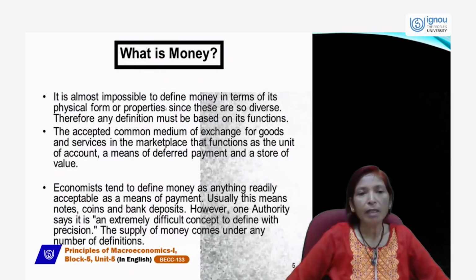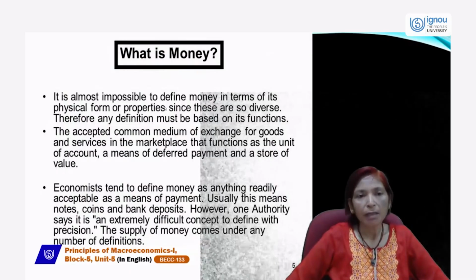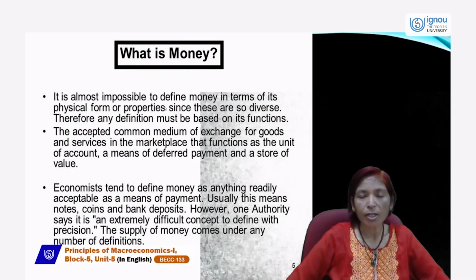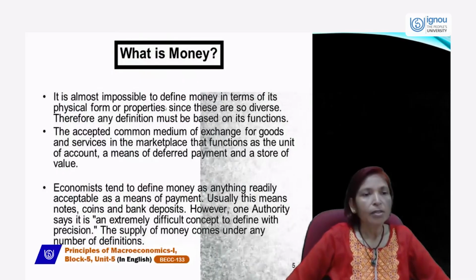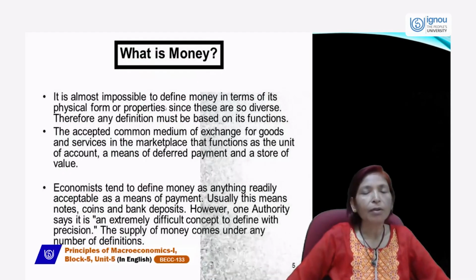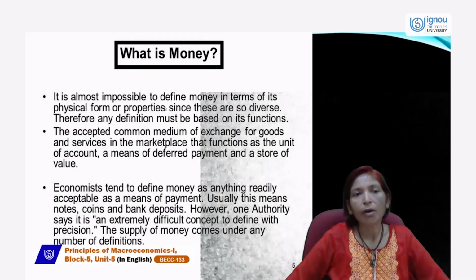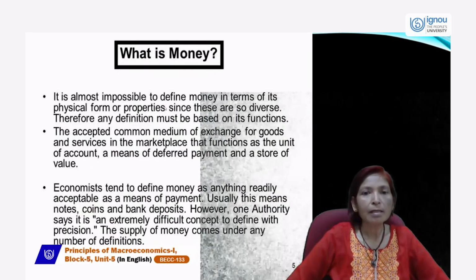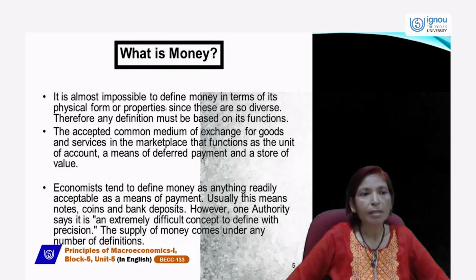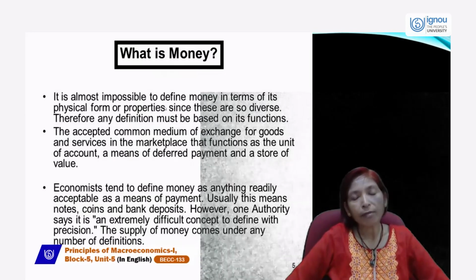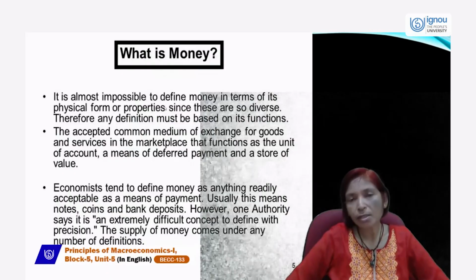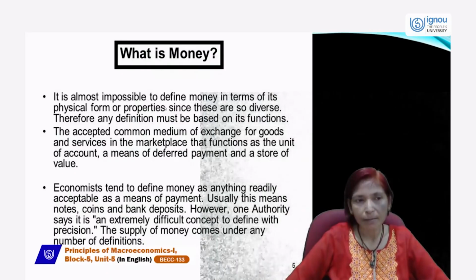So each and every economist defines money according to different functions of money. It is almost impossible to define money in terms of its physical form or properties, since these are so diverse. Therefore, any definition must be based on its functions.